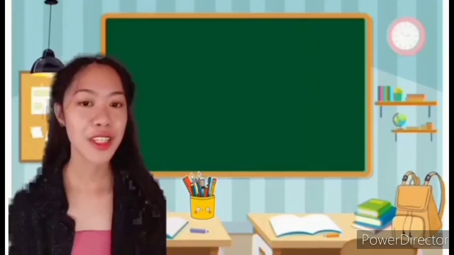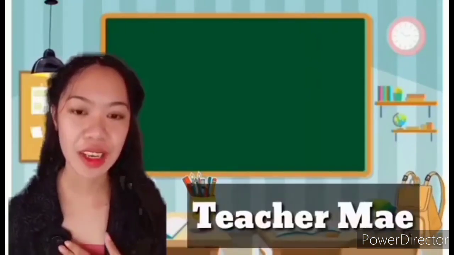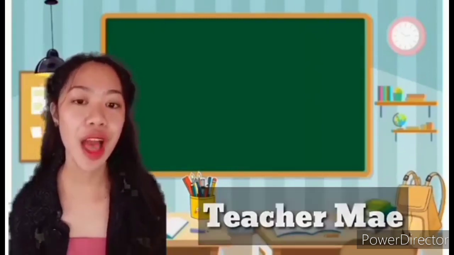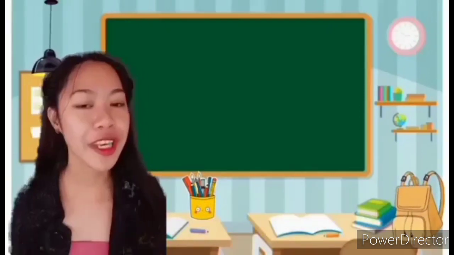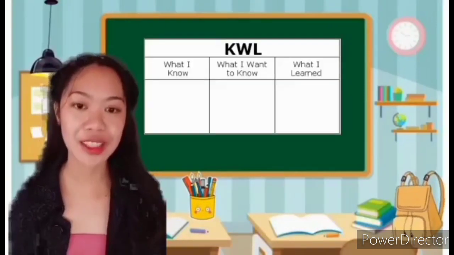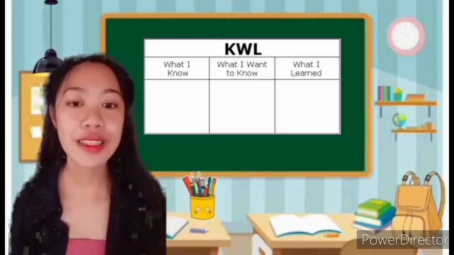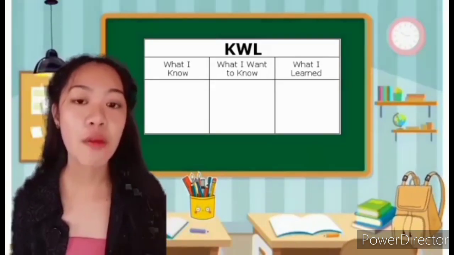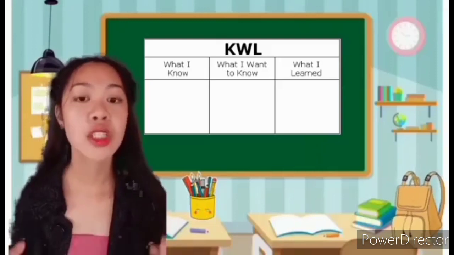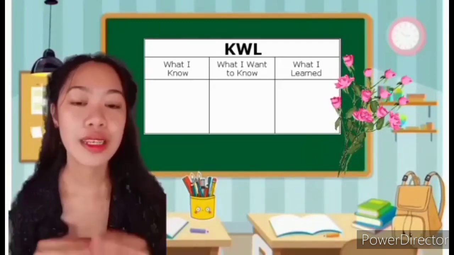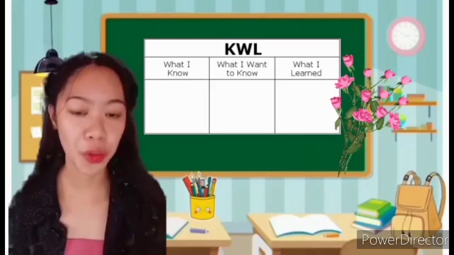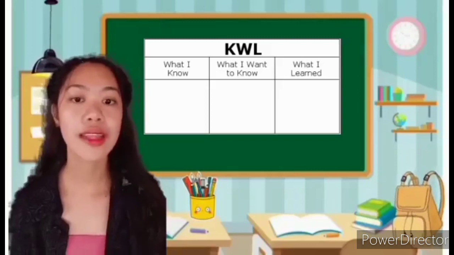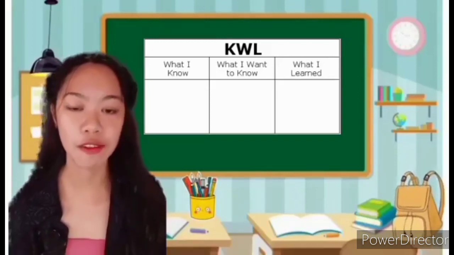Hello everyone, I am Teacher May. Before we proceed to our discussion, we will have an activity first. It is a KWL chart, an activity where we can see if you have prior knowledge about our lesson for today. K stands for what you know, W stands for what you want to know, and L is for what you have learned.